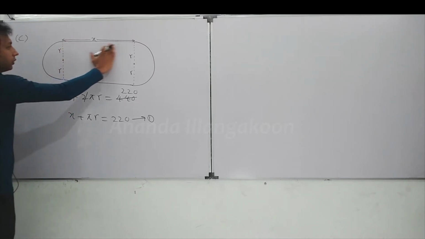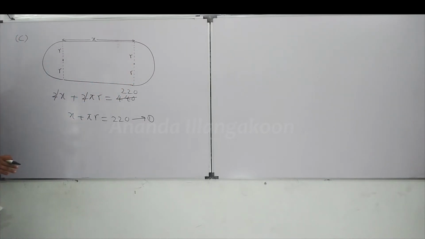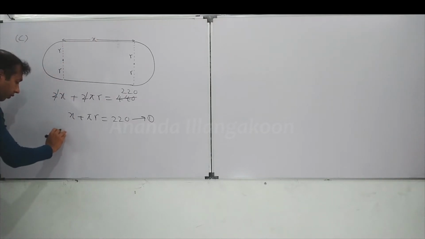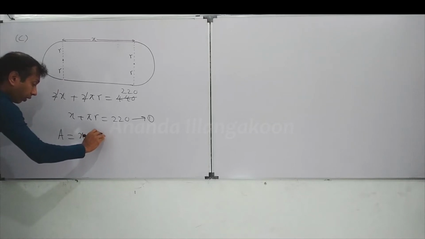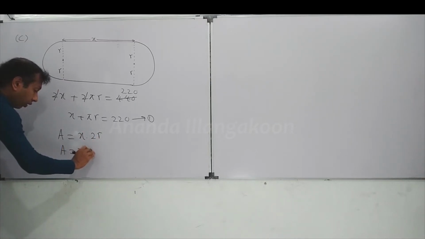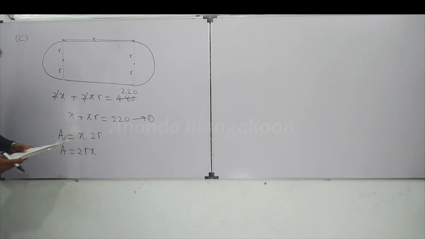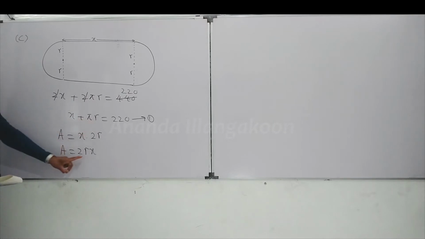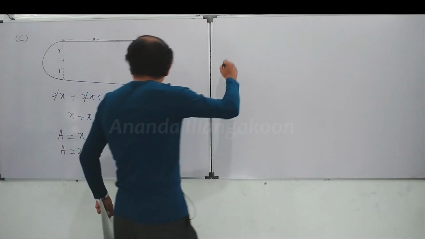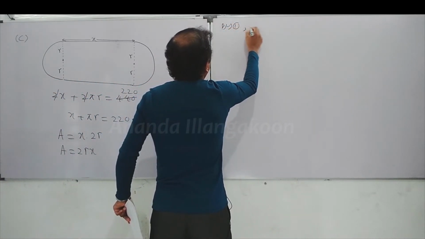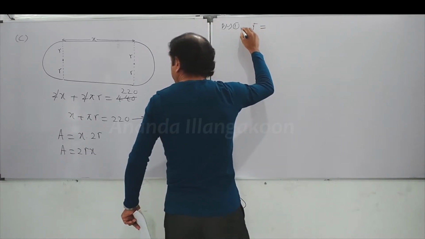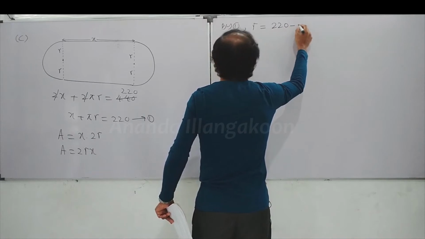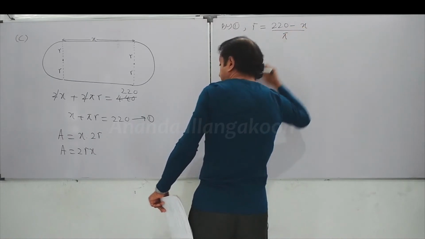Now the football field is the rectangle part. Its area is going to be x into 2r. If I take the area as A, area is x into 2r, that means A equals 2rx. Now we substitute for r in terms of x using equation 1. Then by 1 we can write r equals (220 minus x) divided by pi, which we substitute here.